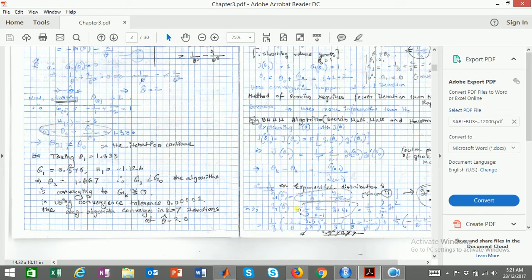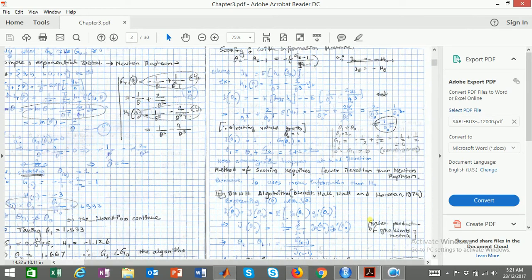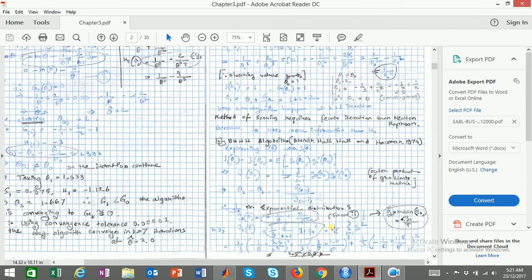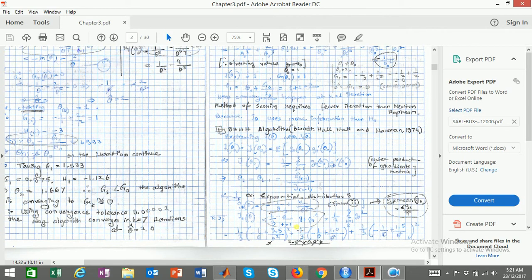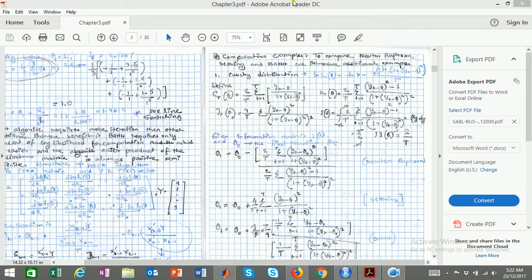A comparative example for scoring: we just have to look at the Cauchy distribution. In this comparative example we are simply going to compare a Cauchy distribution with an exponential distribution.